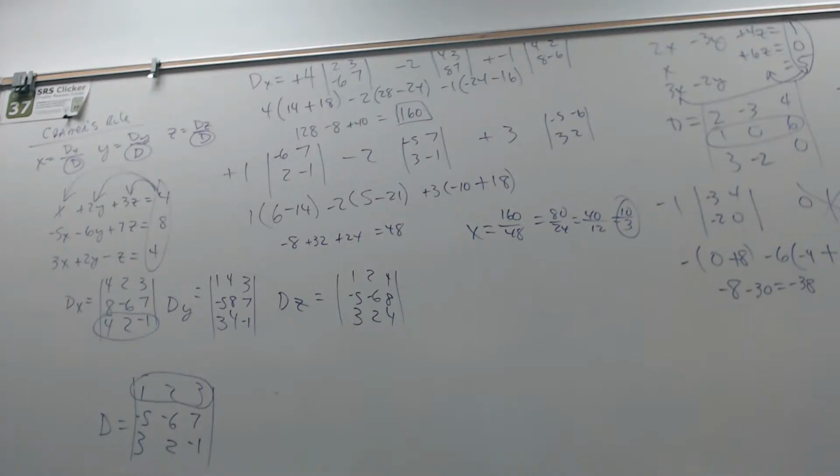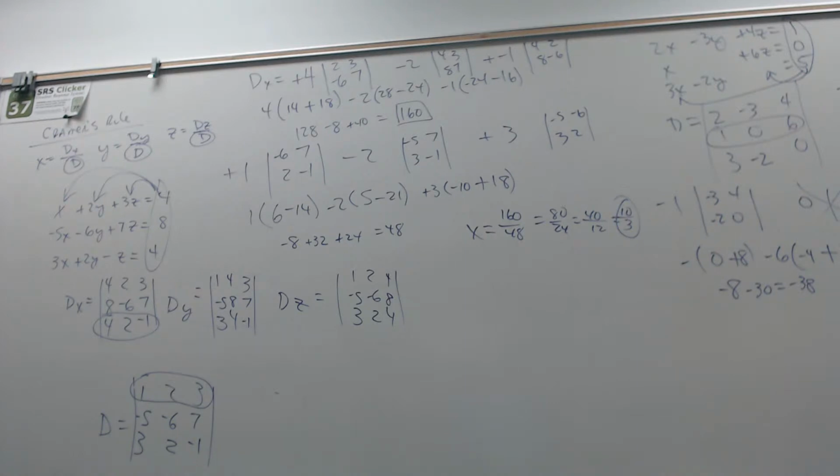Christian, when you went back to find the numerator, you just went back to the first matrix box that we made, and did you pick any row that you wanted, or did it have to be the top row? Just pick any row that you want. On this, the bottom row looked best. On this, the top row looked best. Okay? So we need to find D of Y, D of Z. We're gonna run out of time to do that.